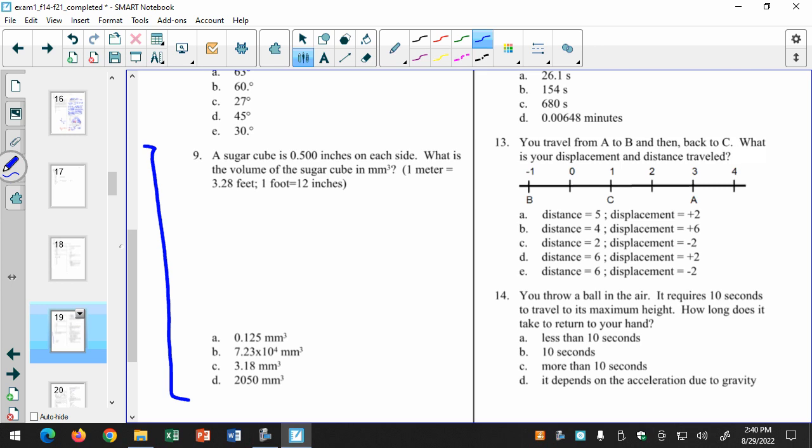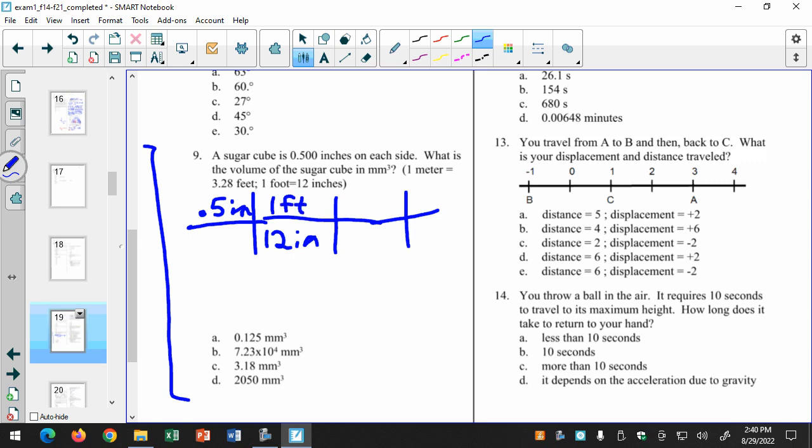I want to first convert my 0.5 inches to millimeters. In high school, you probably set up something like this. Is this the way y'all did it in high school? Yeah, if you want to do it that way, that's fine. I'll do it that way here. 0.5 inches, I have 12 inches here. The inches cancel there, and 1 foot here.